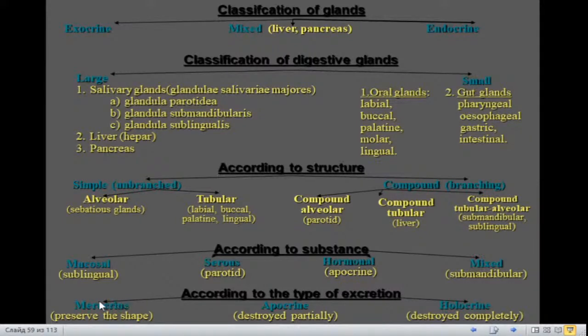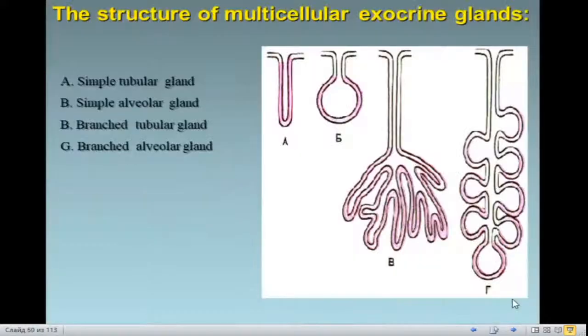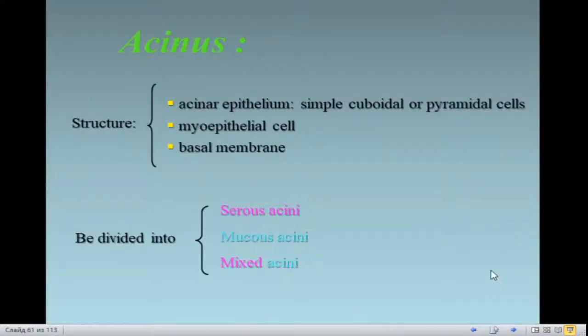They're divided into merocrine, so while they produce something, they preserve their shape. Then apocrine, while they're producing something, they are destroyed partially. And holocrine, they are completely destroyed. Now you can learn the glands of the digestive system without cramming, but instead you understand what you are learning.